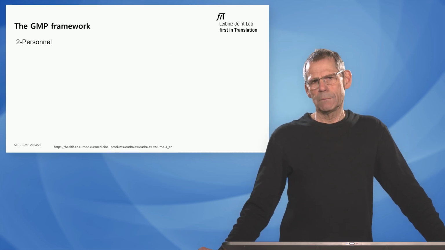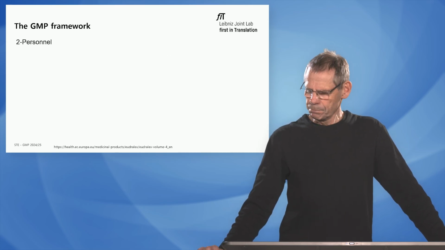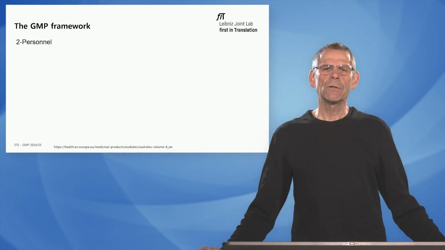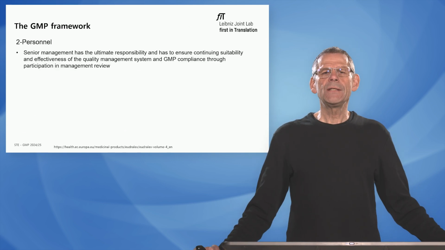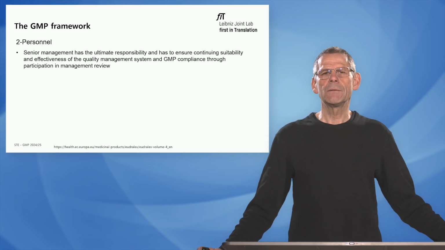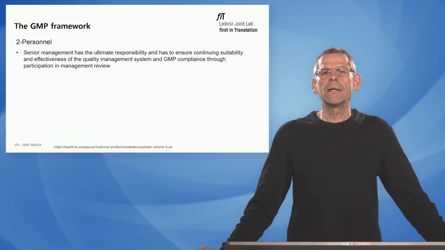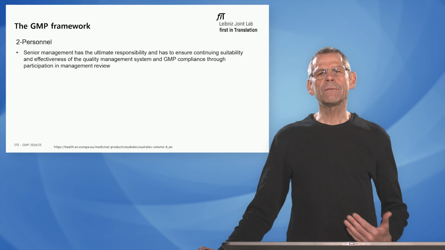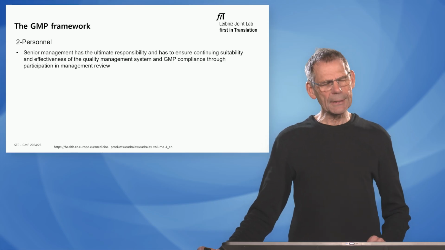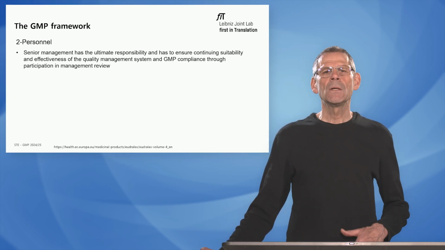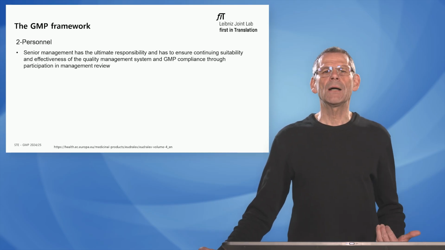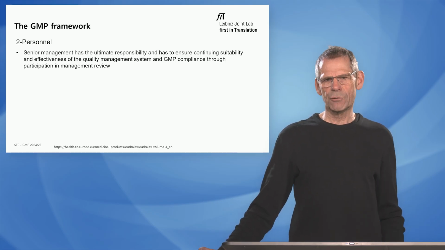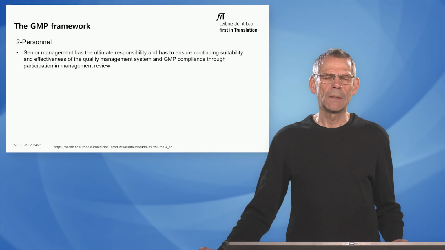The next one is the personnel. What do we mean here when we talk about GMP and personnel? First of all, senior management is ultimately the responsible one and has to ensure continuously the suitability and the effectiveness of the quality management systems and the GMP compliance through participation in management reviews.